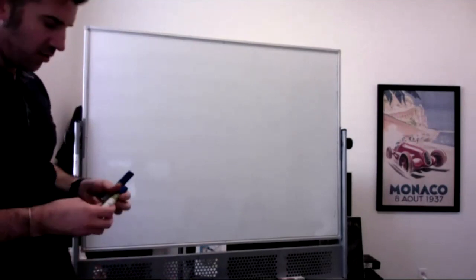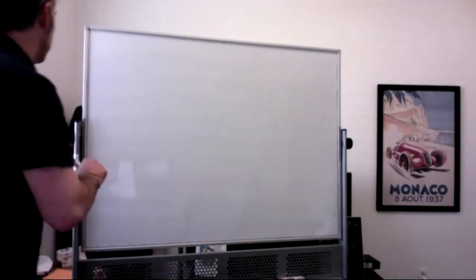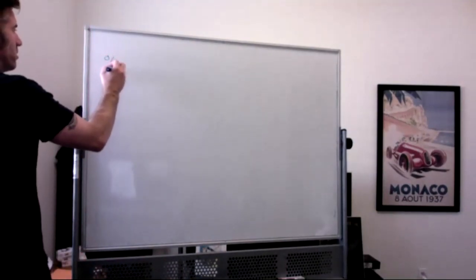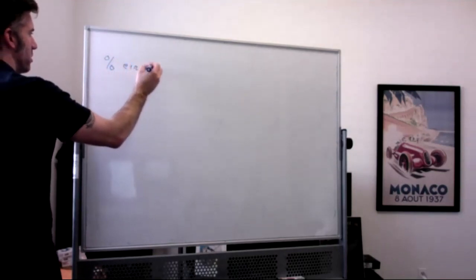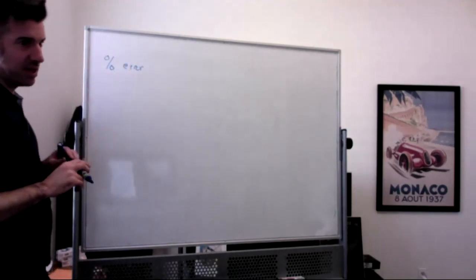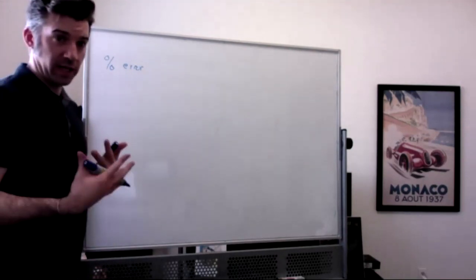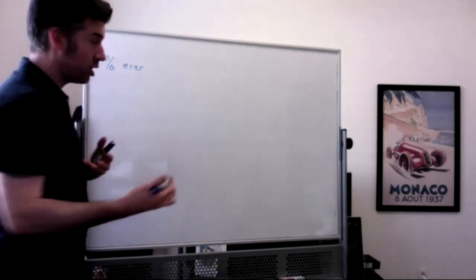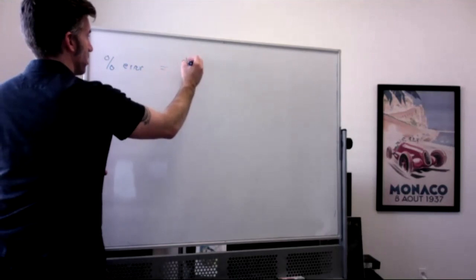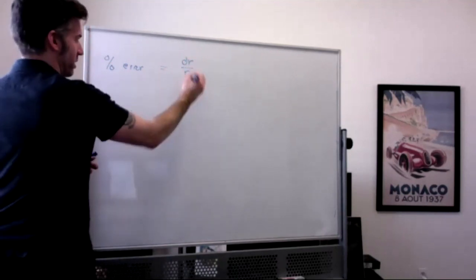So here's how I often think about this. Percent error is kind of the possible change in your radius, your dr, divided by your actual radius.